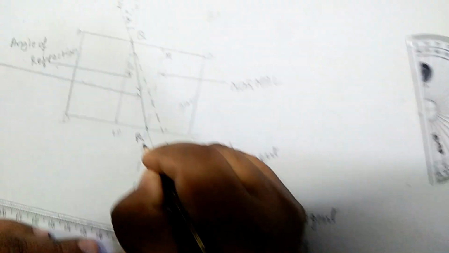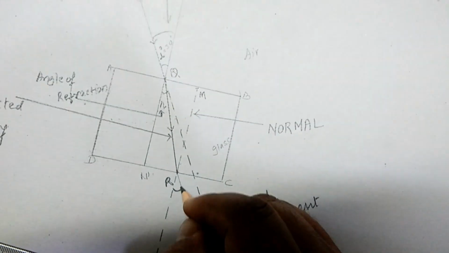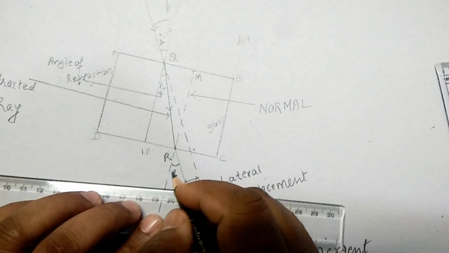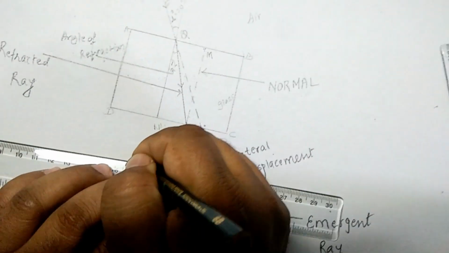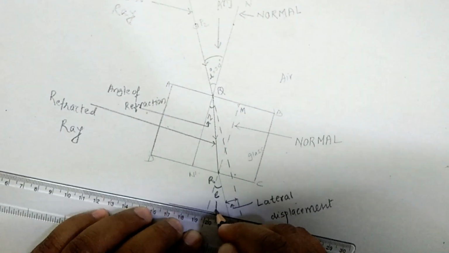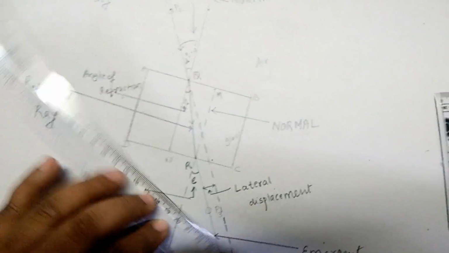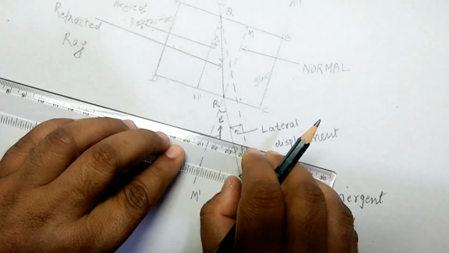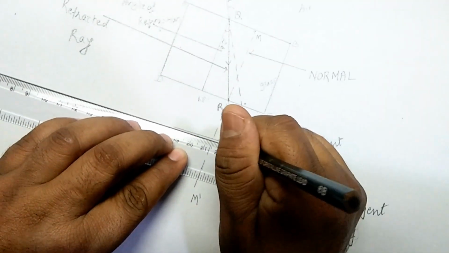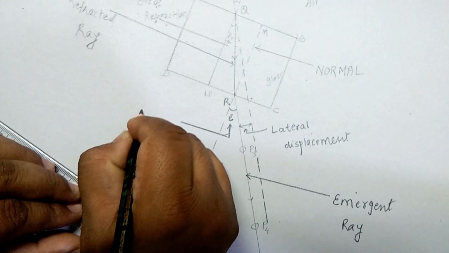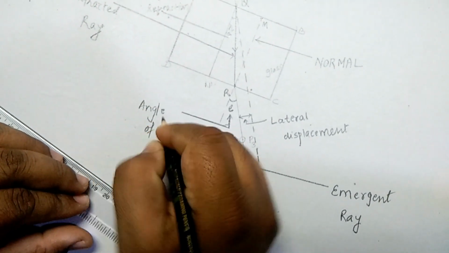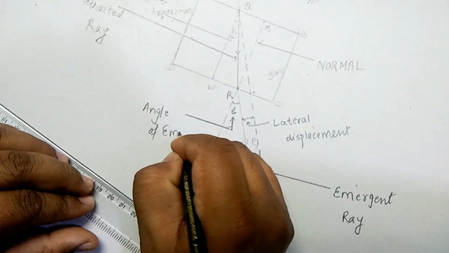Angle of refraction. And the last one, this one, that is the normal and the emergent ray, which makes an angle E. This angle is called angle of emergence.